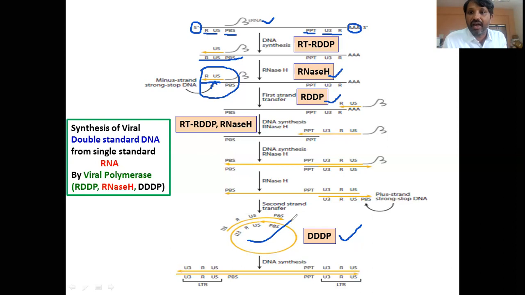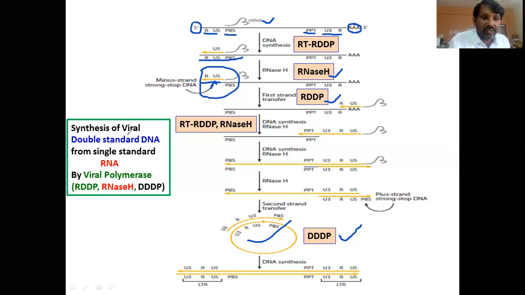So finally, viral reverse transcriptase has three activities: RNA-dependent DNA polymerase, RNase H activity, and DNA-dependent DNA polymerase.